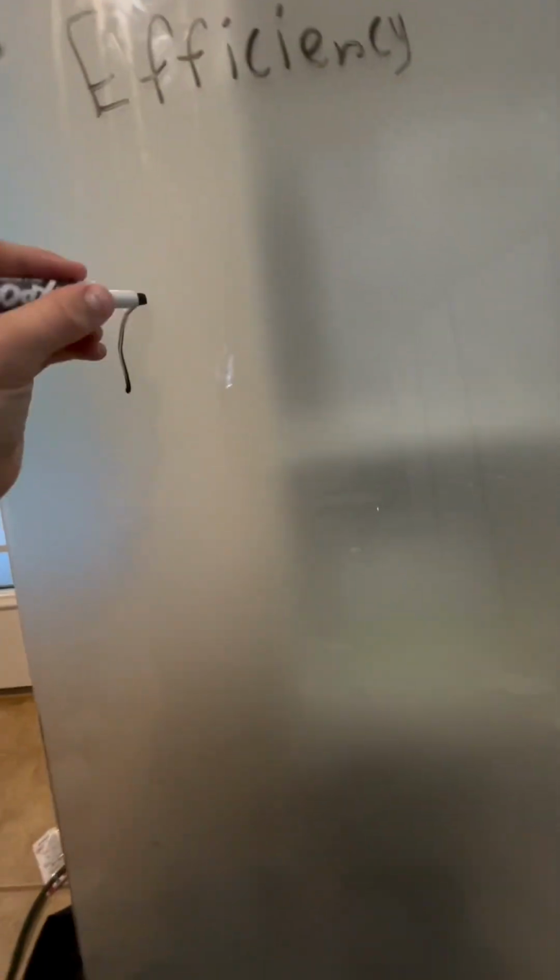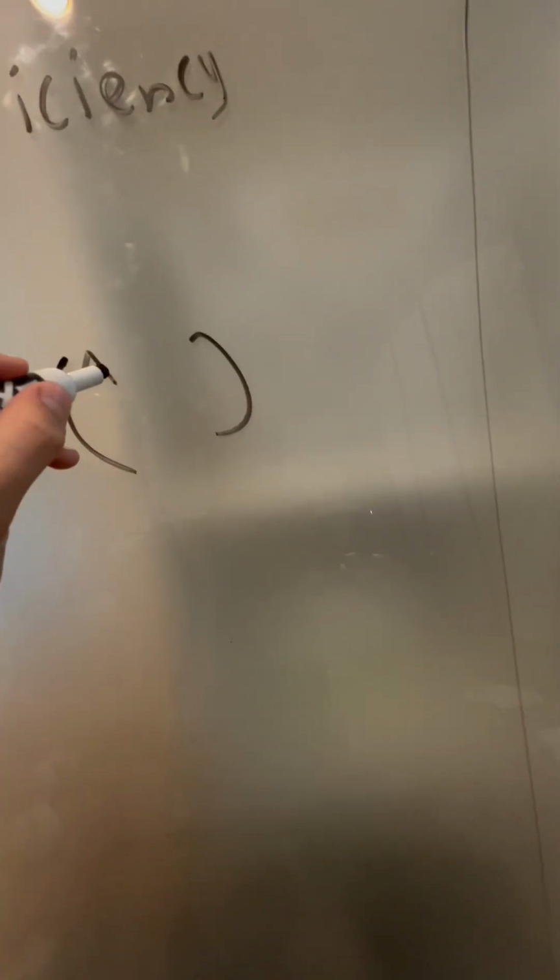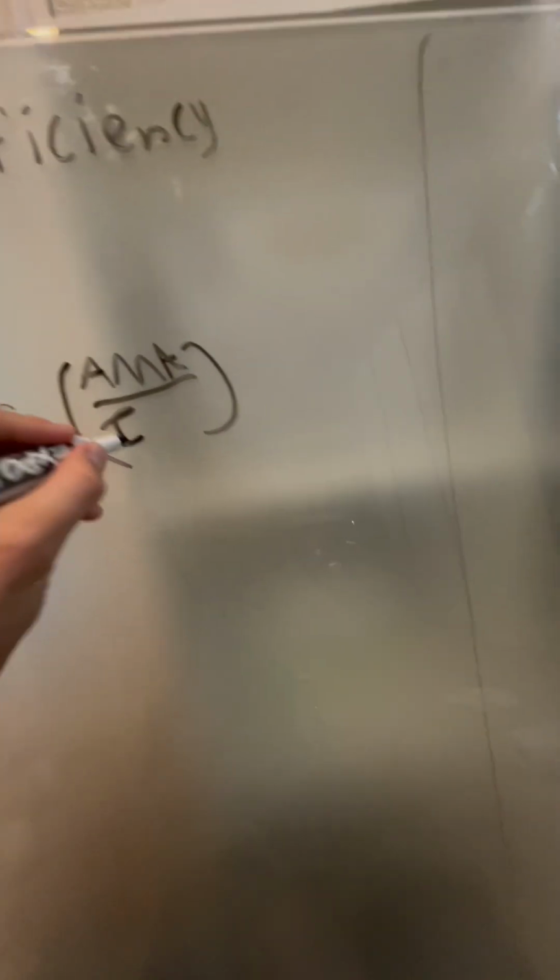I'm just going to abbreviate E because I don't want to write out efficiency. It is AMA divided by IMA. And because you don't want it to be a decimal, you multiply it by 100.